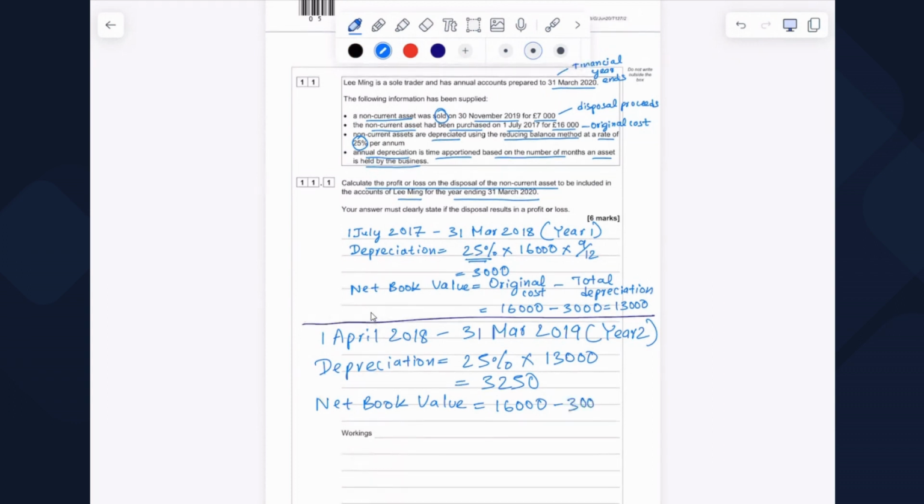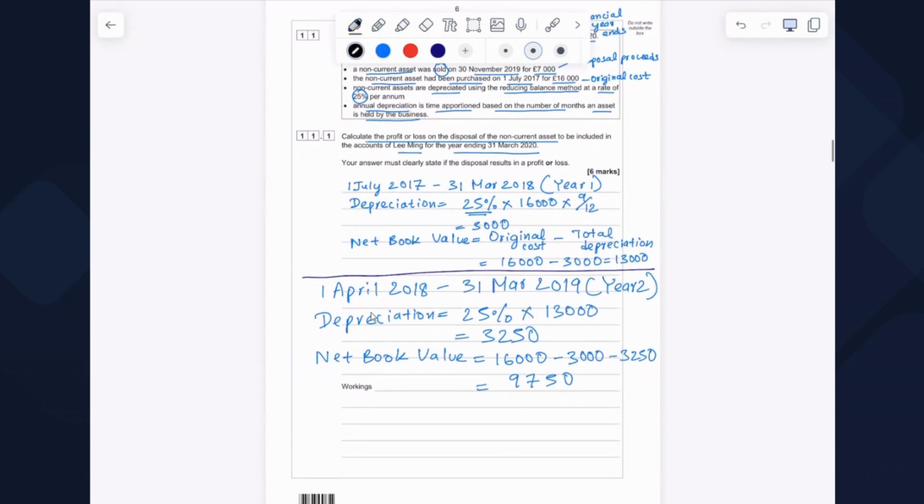So we first take away £3,000, which refers to the depreciation expense for the 9 months of usage in year one. And then we take away £3,250, which reflects the entire 12 months of usage in year two. Once we derive that, we get £9,750 as the net book value at end of year two.